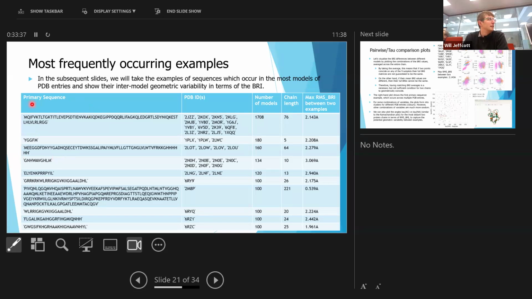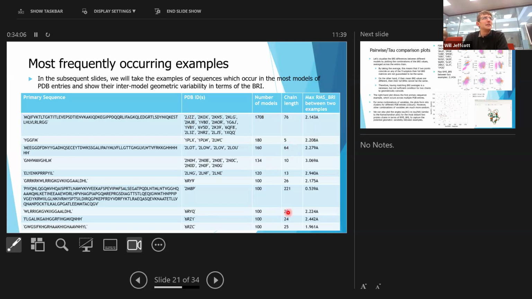There are the primary sequences on the left-hand side, then the PDB IDs that they occur in. As we discussed, some of them occur across multiple PDB entries. The top one is quite a prominent example that occurs across 16 different entries, but some of these only occur across one. Then we've got the number of models associated with all those different PDB entries.